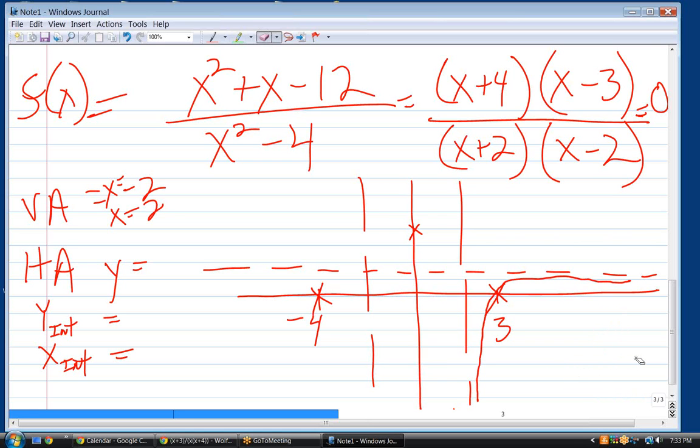Now, what's going on in the middle? The fact that we go through this x-intercept over here means that that's that picture. And the middle maybe does this.